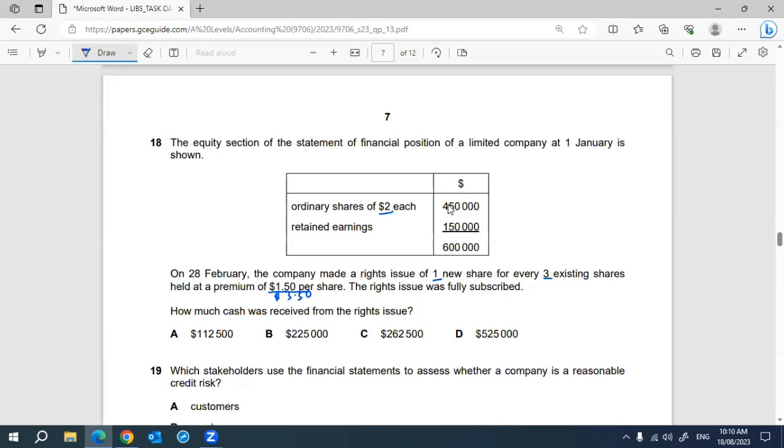Okay, so we first need to calculate the number of shares before the rights issue took place. So we'll do that now. Number of shares brought down would be the value 450,000 divided by $2.